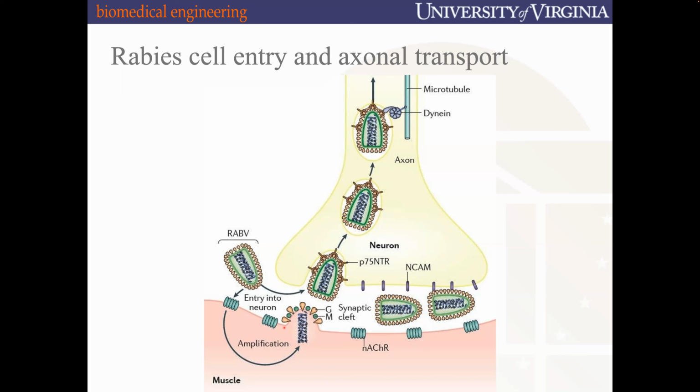And because these viruses have a high affinity for neural cells, when it finds one of these neuromuscular junctions and it enters the space here called the synaptic cleft, it can recognize a neuron through the binding of both an NCAM molecule, so this is that cell adhesion molecule, and this receptor known as P75NTR.